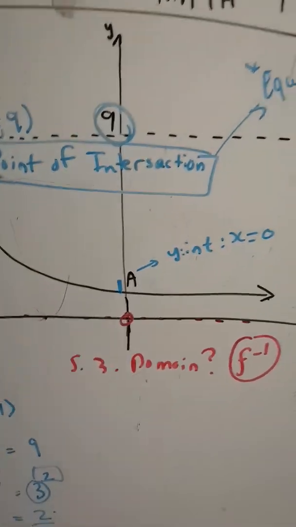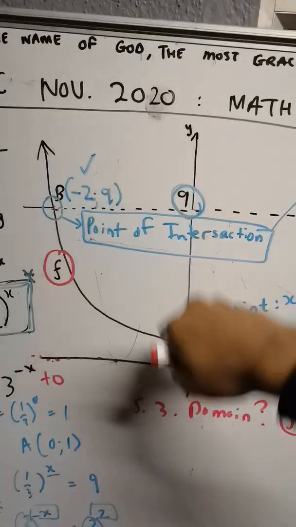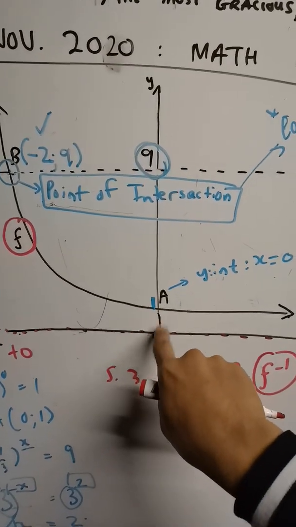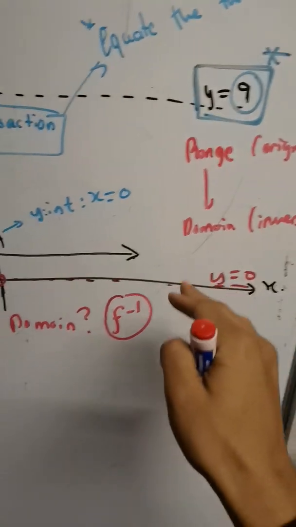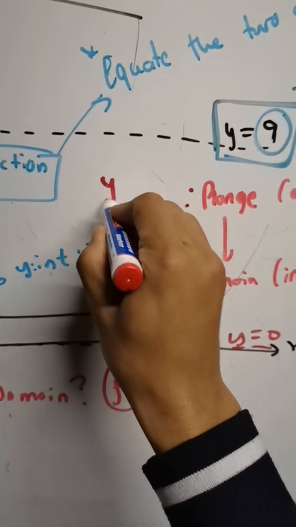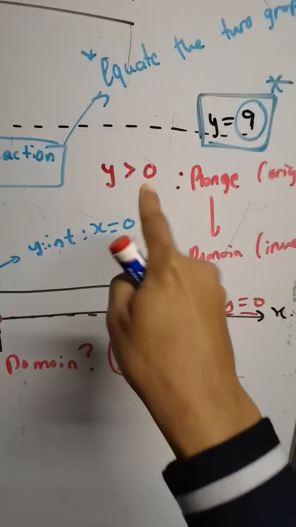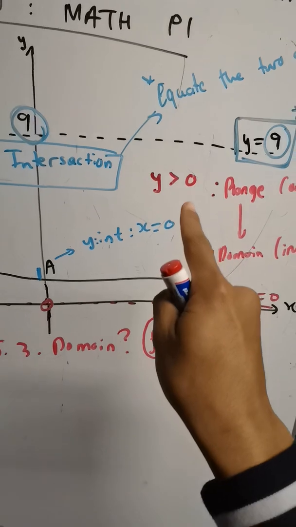This graph lies above the 0 point on the y-axis. So the range of this specific graph is y is more than 0.